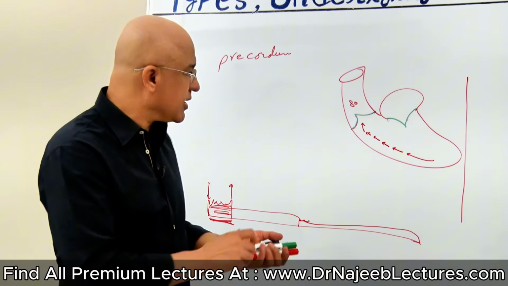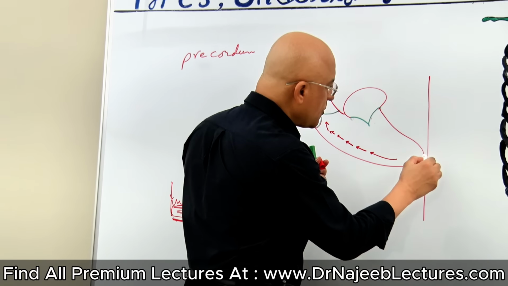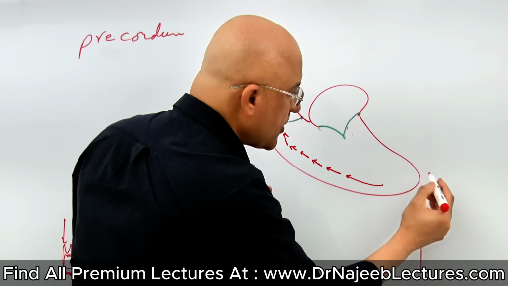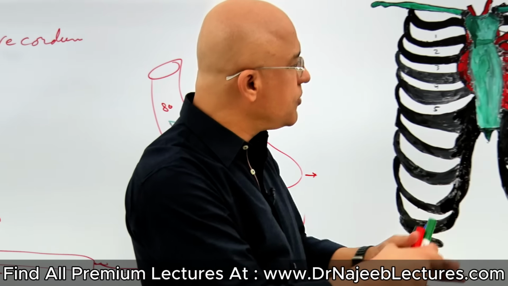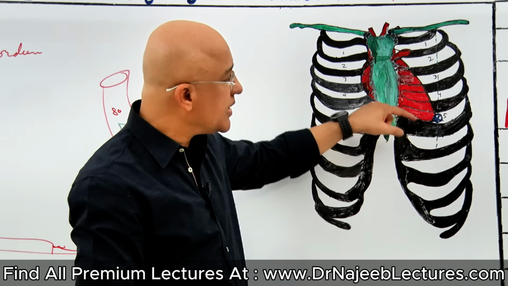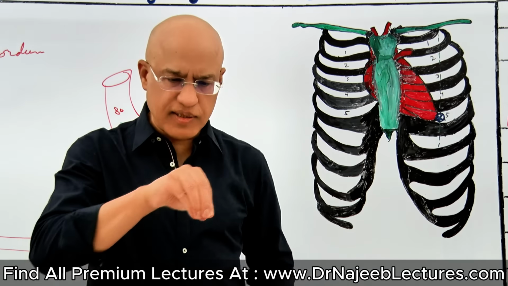So what really happens is that it will move, number one, forward, and number two, it will rotate anti-clockwise. If it is like this here, right, it will move like this.